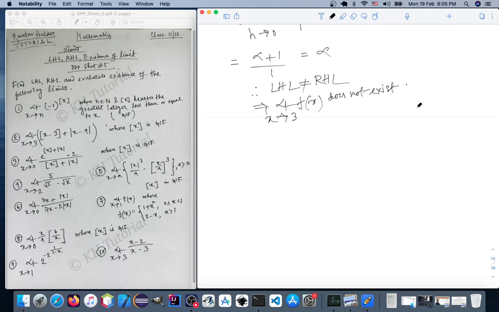And I will try to make more DPPs based on the problems and limits of all the topics that I have already discussed. And in the next upcoming videos, I will address the indeterminate form 0 by 0 and infinity by infinity.